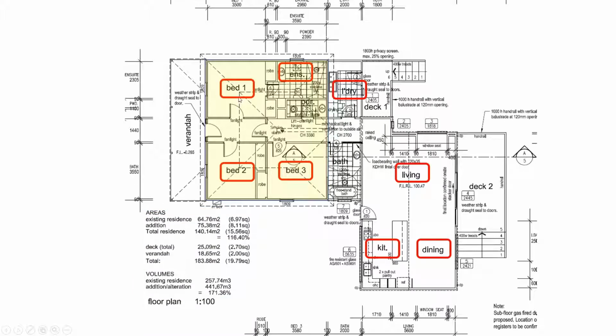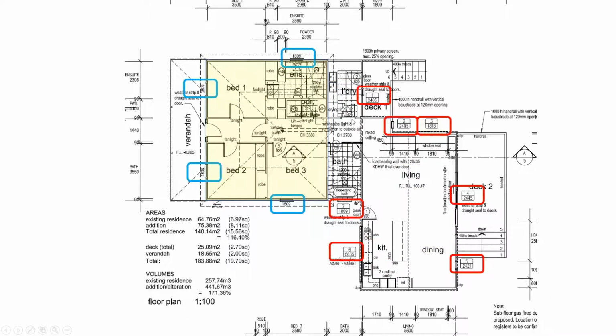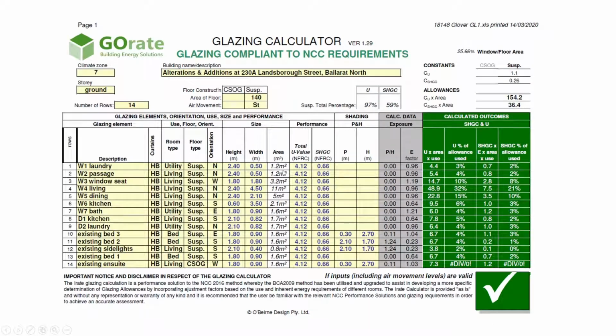Again, we need the room names and all the windows. So in the red, we have our new windows, in the blue, the existing remaining. So just to put it into perspective, here's a typical glazing calculation. First of all, there's our overall area size of the house in the red.